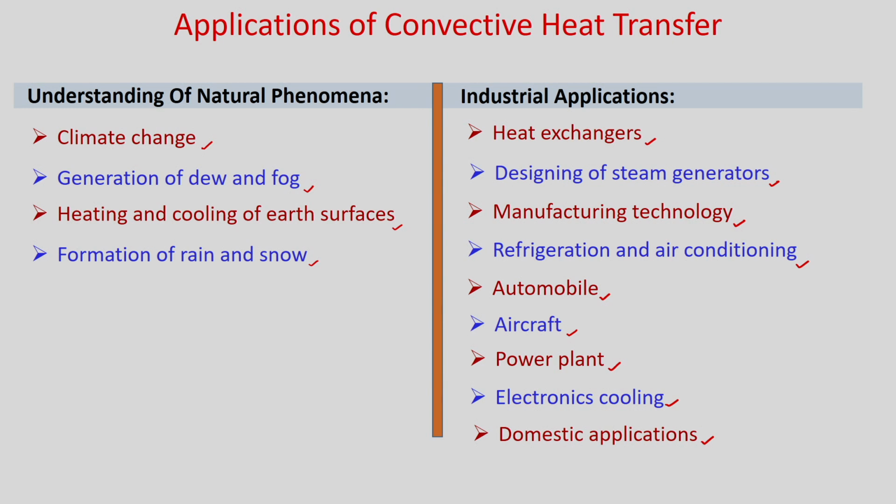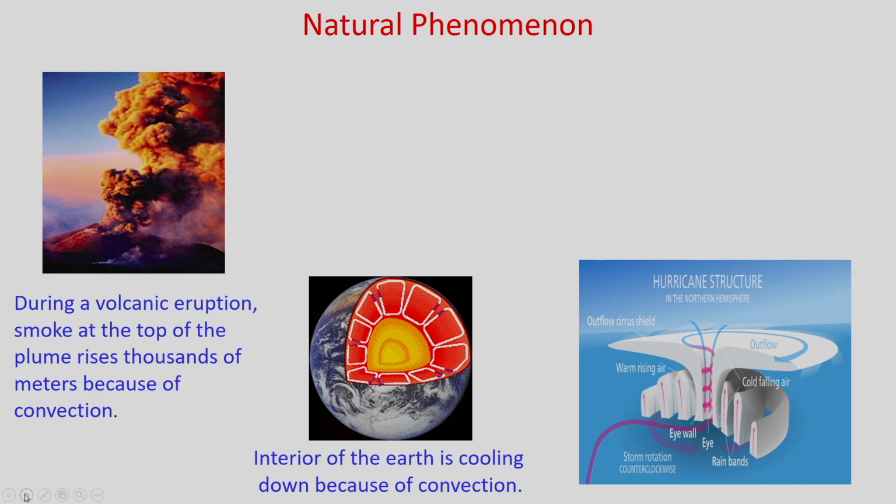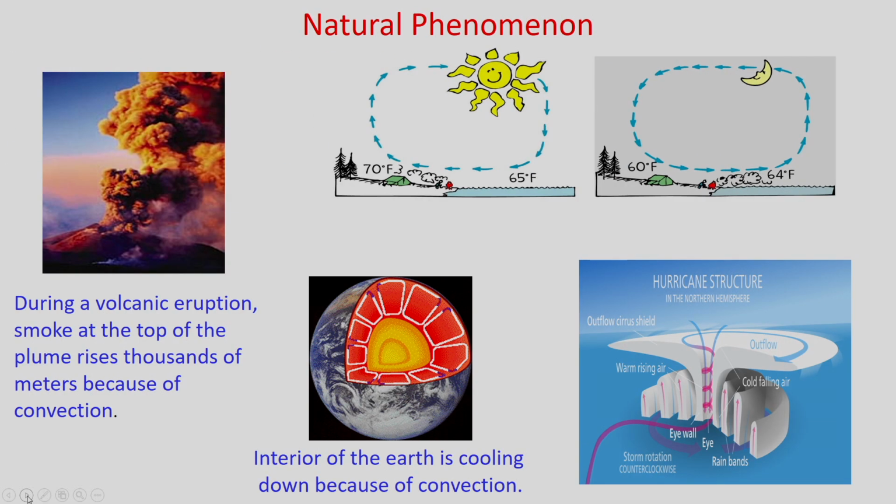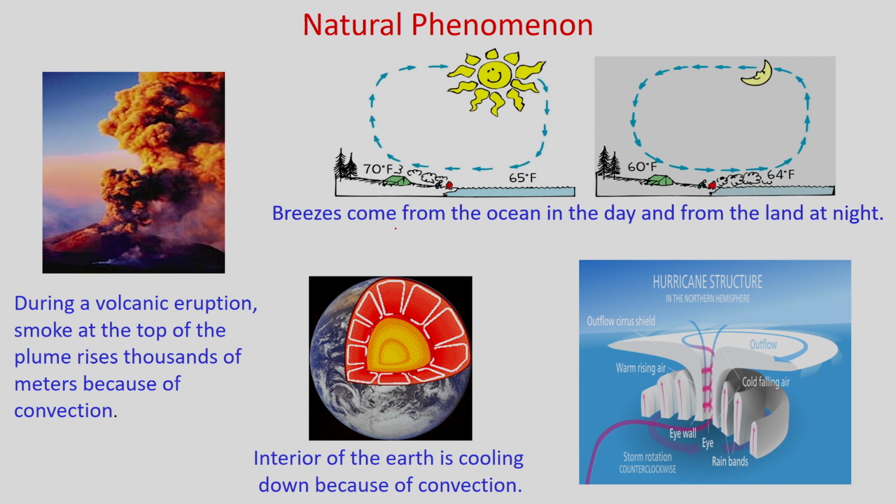Now, let us see some pictorial examples of these applications of heat transfer. You see this is a natural phenomenon. Breezes come from the ocean in the day and from the land at night. Consider this figure. In the daytime you can see the land is at a higher temperature than the ocean.